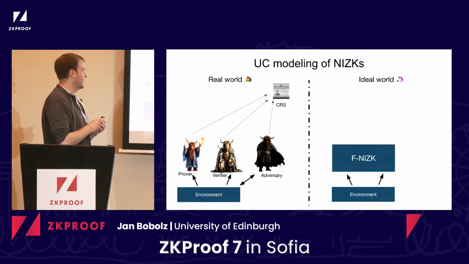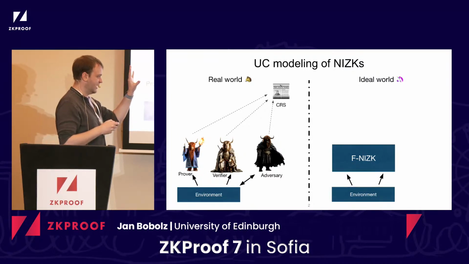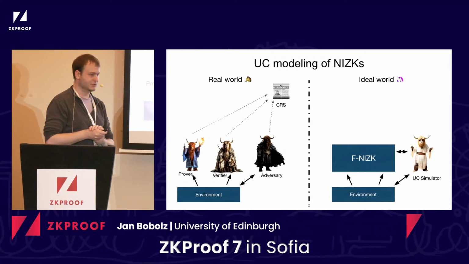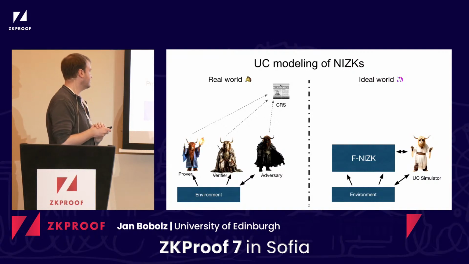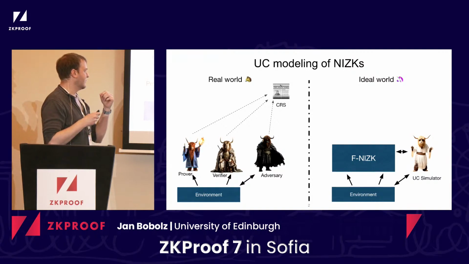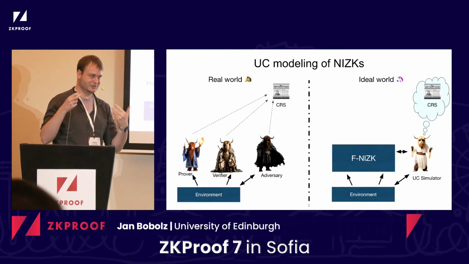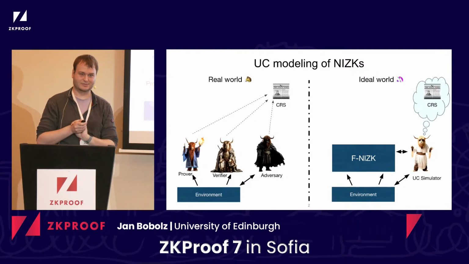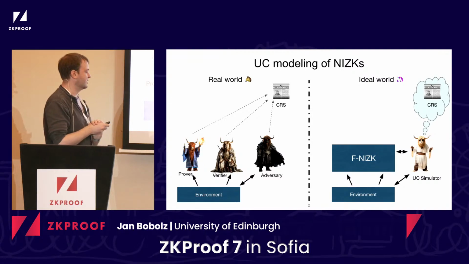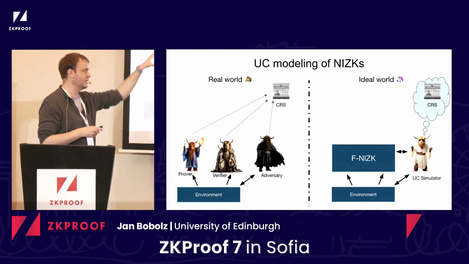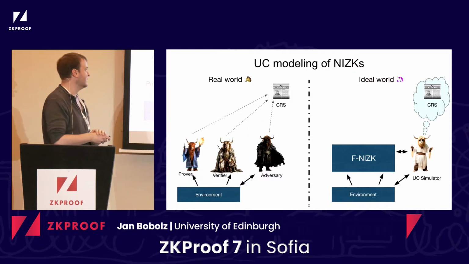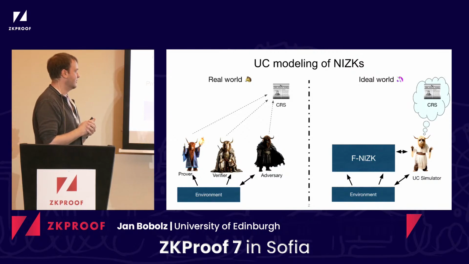And then in the ideal world, we also have an ideal world adversary, which is the UC simulator. And in its head, the UC simulator can basically run the CRS from the real world. So the CRS vanishes from the real world and gets to the ideal world, which the UC simulator can run in its head.